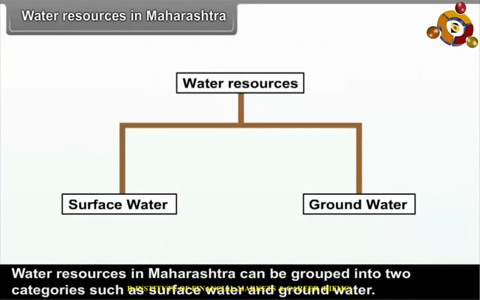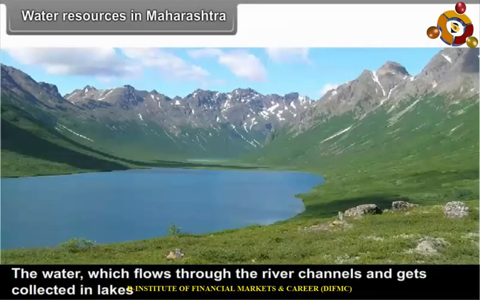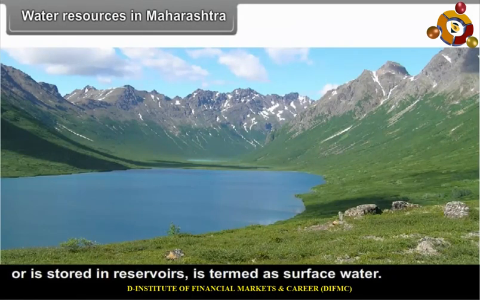Water resources in Maharashtra can be grouped into 2 categories, such as surface water and groundwater. The water which flows through the river channels and gets collected in lakes or is stored in reservoirs is termed as surface water.